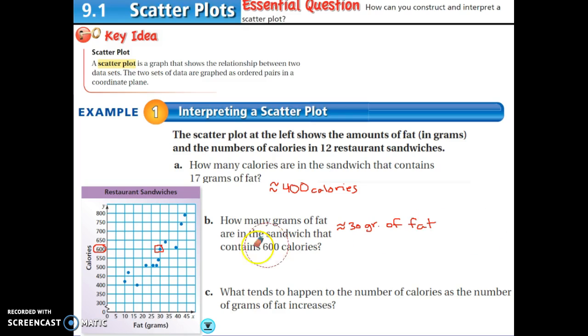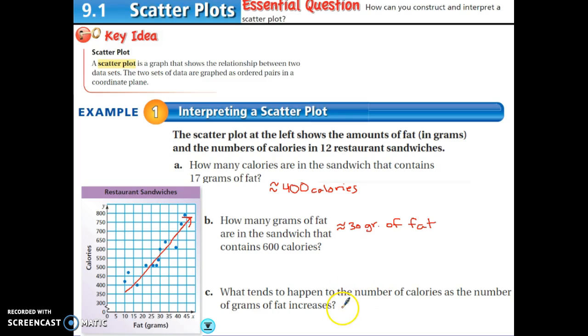In letter C, what tends to happen to the number of calories as the number of grams of fat increases? So as these numbers go up along our horizontal axis, as the number of fat goes up, we can see that the dots rise upwards as well, meaning that as the amount of fat increases, so does the amount of calories.